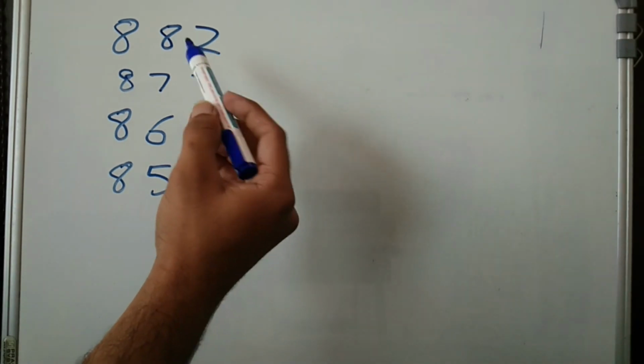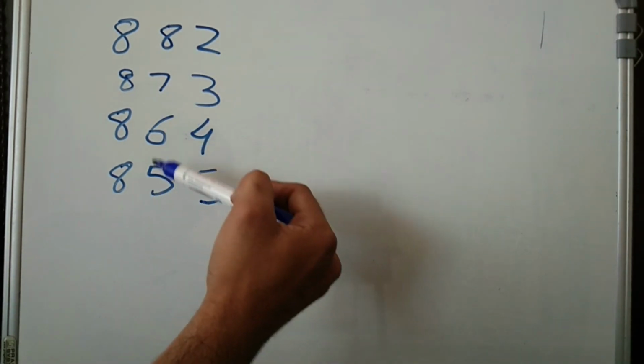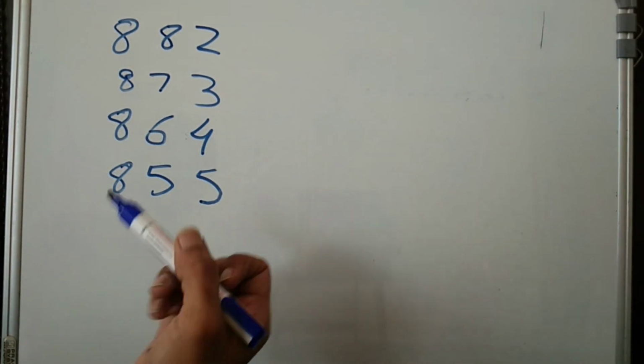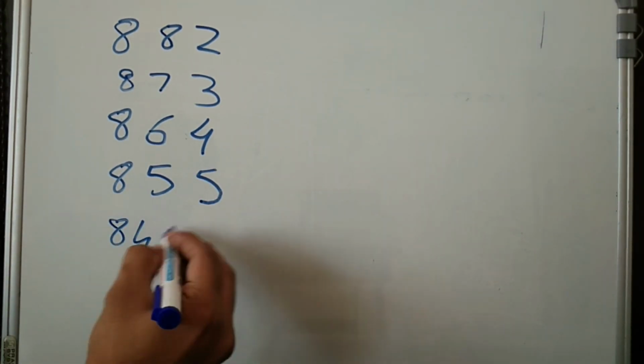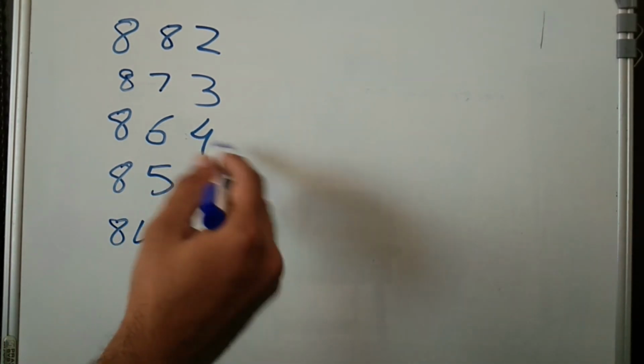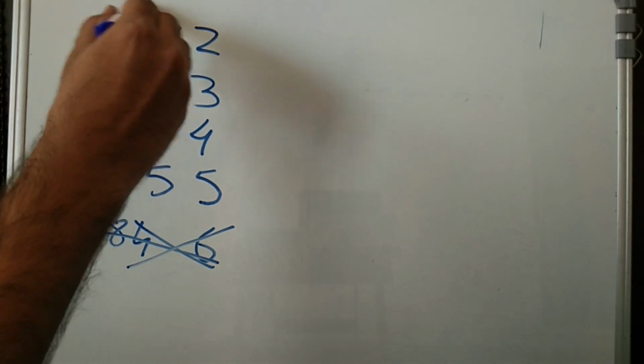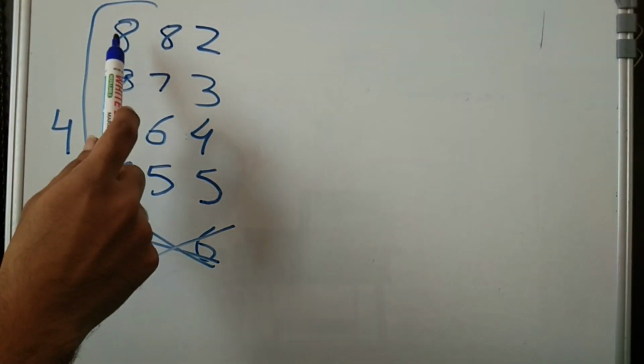I'm just reducing the side by 1: 8, 7, 6, 5, and accordingly I get the third side. Can I get 8, 4, 6? No, this triangle has already appeared, so I can't take this. So 4 triangles if the longest side is 8.